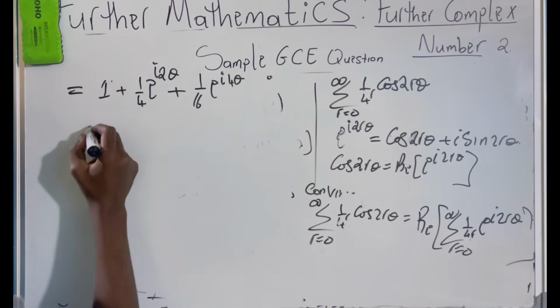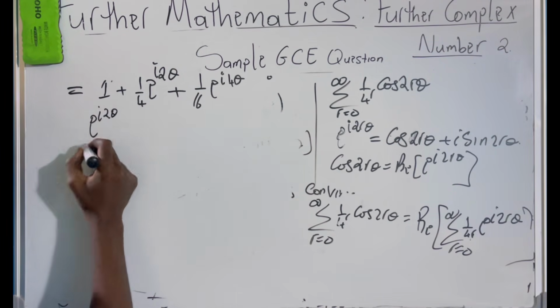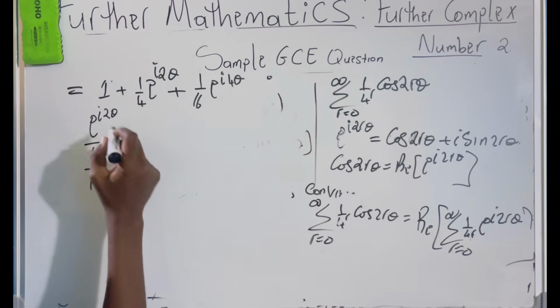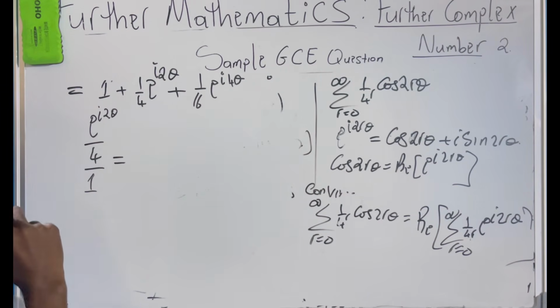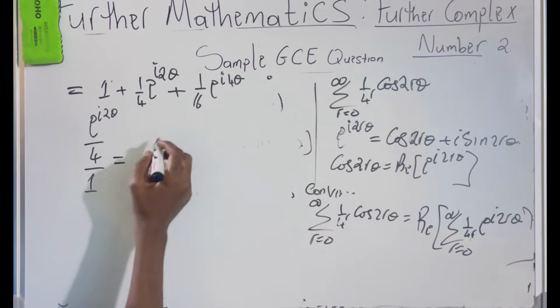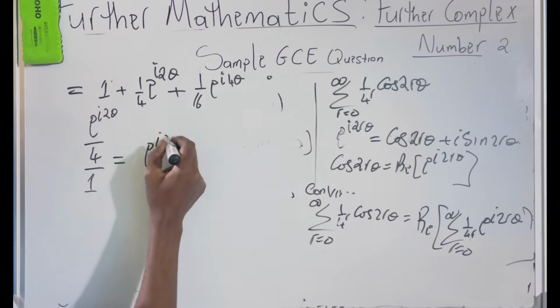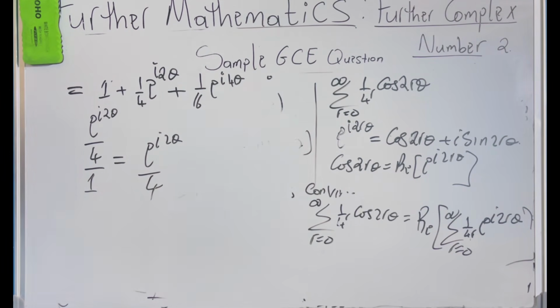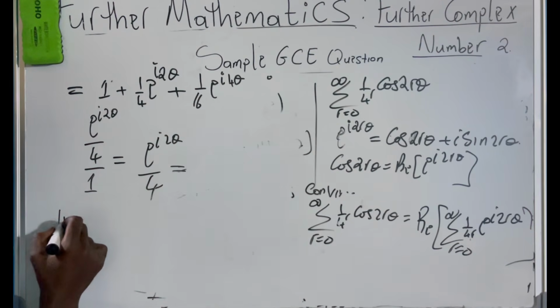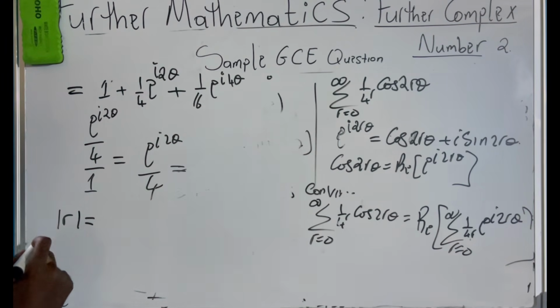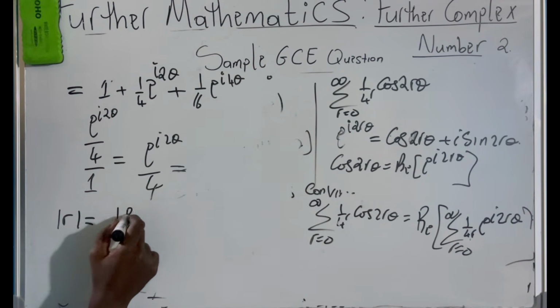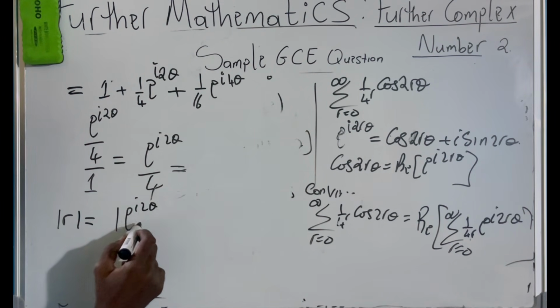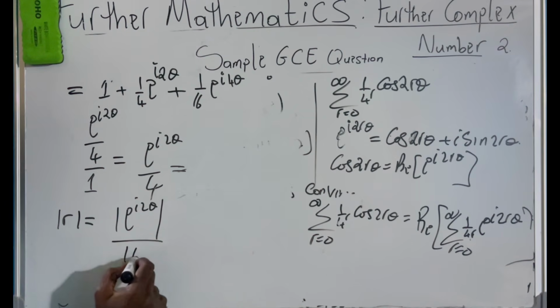Okay, so from there, when I take exponential of i theta over 4 divided by 1, it will give me exponential of i theta over 4. So it means that this is the common ratio. Okay, the magnitude of r now will be equal to the magnitude of exponential of i theta over the magnitude of 4.